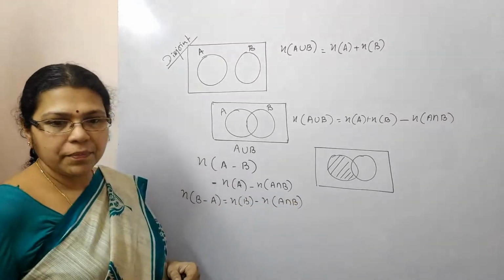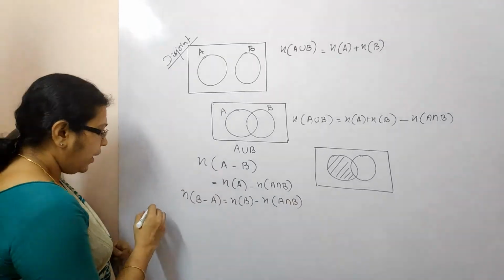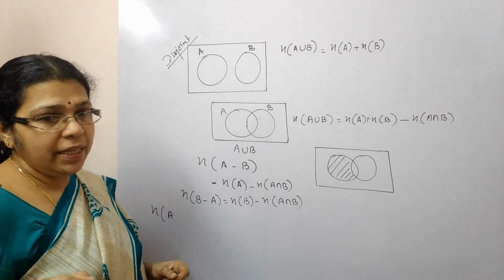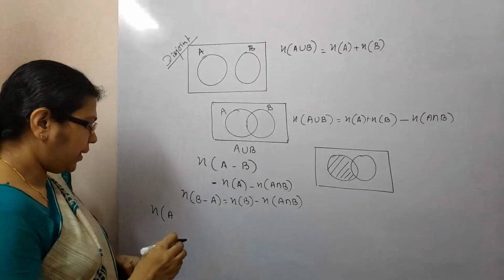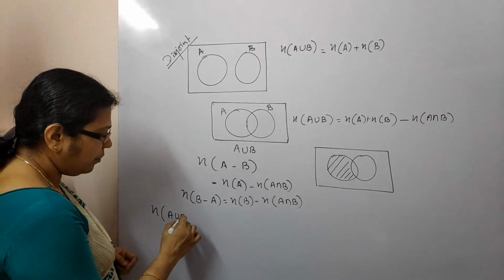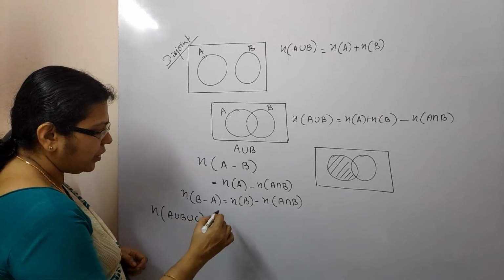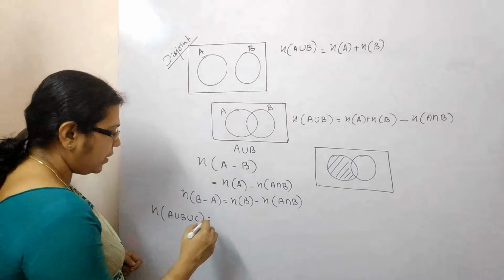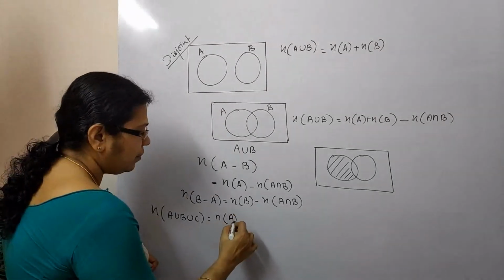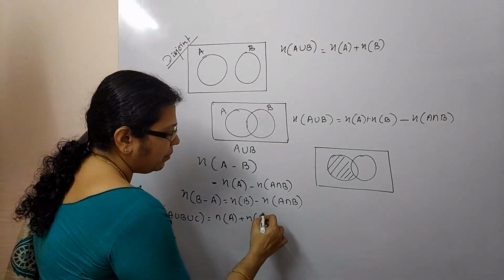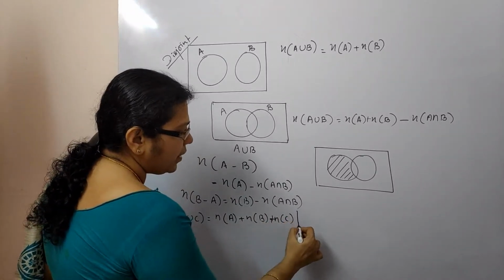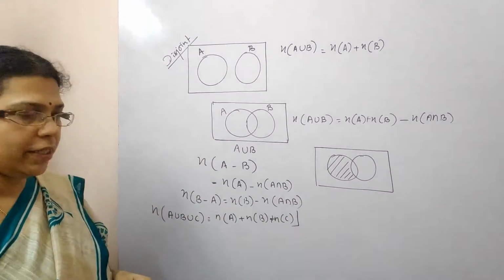Am I clear? Okay. Now, next we come to the result for 3 sets. Three disjoint sets, that is A union B union C. What is n(A union B union C) when the sets are disjoint? That is n(A) plus n(B) plus n(C). This is when the sets are mutually disjoint.